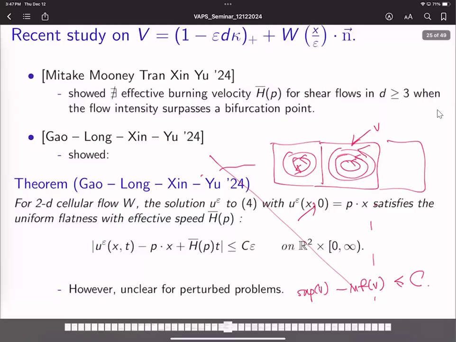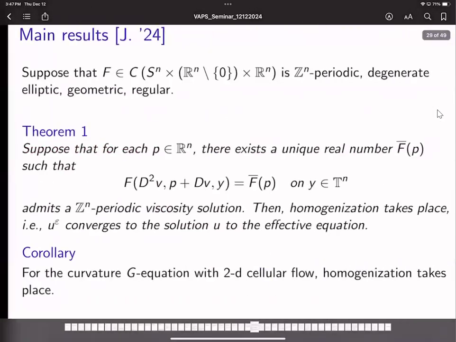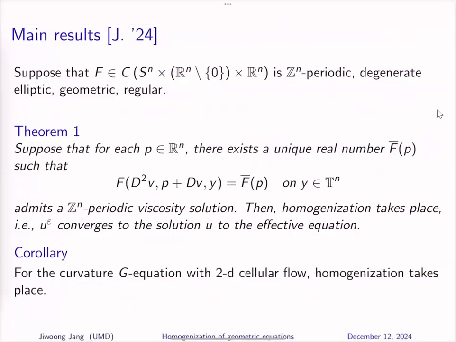Yeah, maybe just a final follow-up question. Can you go to your theorem one? Your theorem is an improvement of the seminal result by Caffarelli and Monneau, that if your corrector has a solution, then you have homogenization, right?